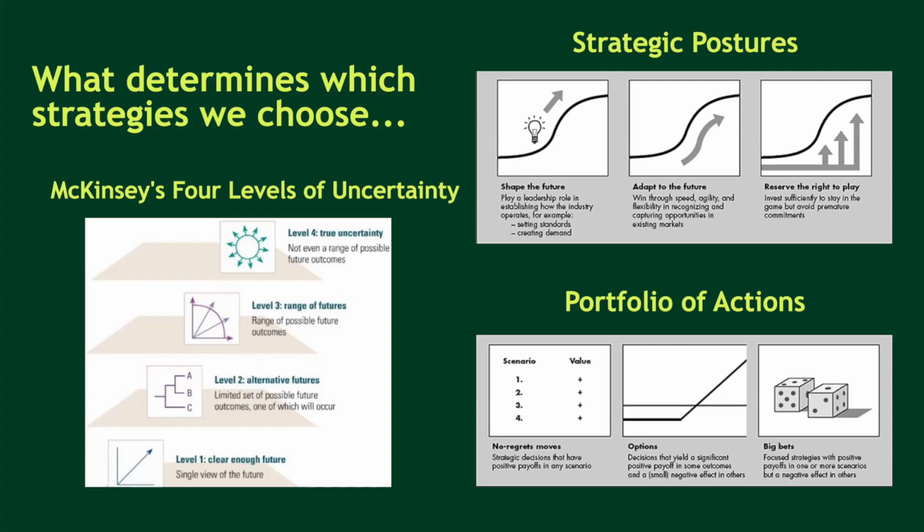Options are decisions that secure positive payoffs while minimizing negative effects, like testing waters before entering into new trends with limited investments and adapting as the market evolves. Lastly, big bets are major investments that can result in huge profit or losses.